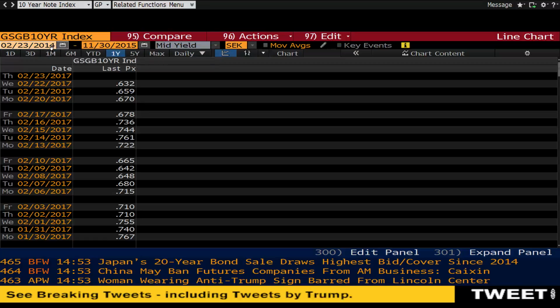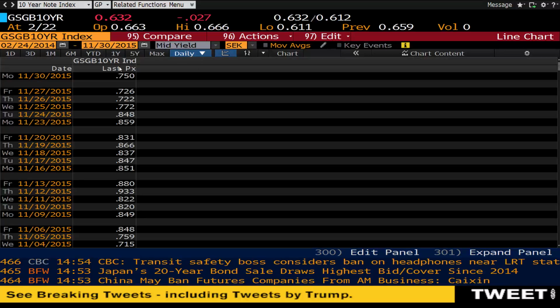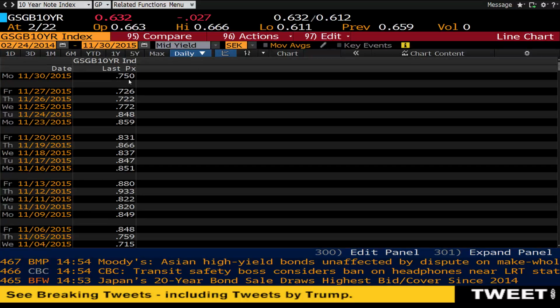I need to just change the start date. But effectively, I'm trying to find the rate for the 10-year government bond back on the 30th of November 2015. You can basically just play around with the ranges to get that figure, and I can see it's 0.75.